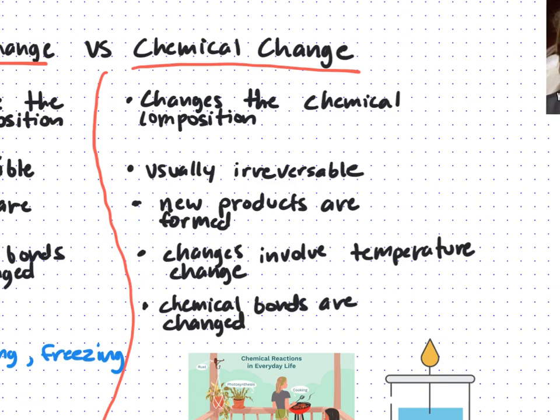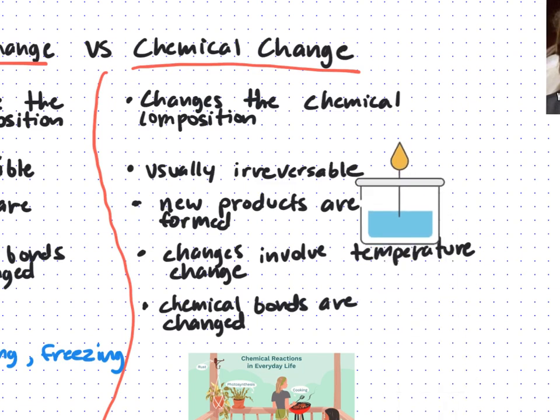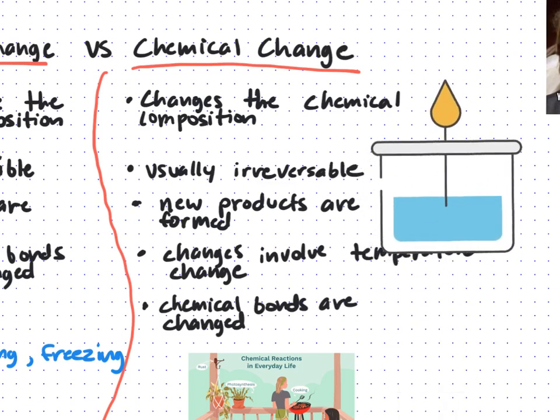There is a change usually in the temperature, and in a later lesson we'll talk about endothermic versus exothermic reactions, and the chemical bonds are changed. And so an example of this could be just combustion, something that's burning.